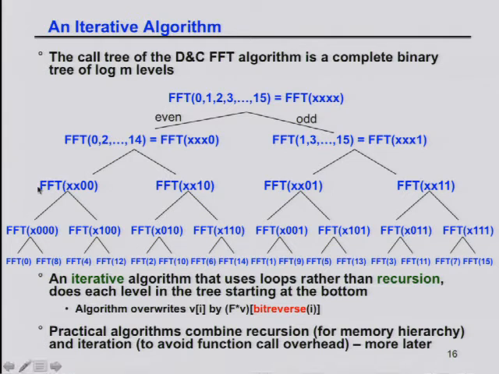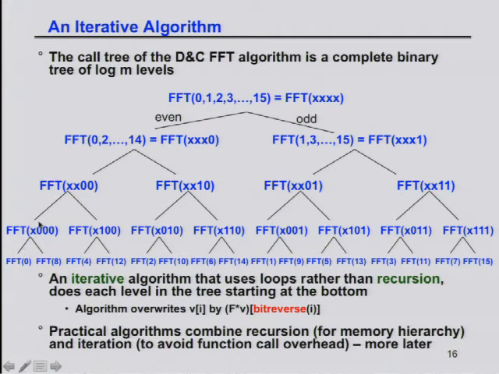So let's go all the way to the bottom, where I finally run out of bits. I have 4 levels, 4 bits. And finally, I get to the case where I've called the FFT on a scalar, and it's done. It just returns. So here the bit is 0, so everything's been even, so it's all zeros. Here, the last bit is 1, so I get an 8.